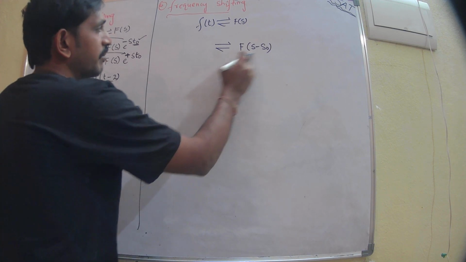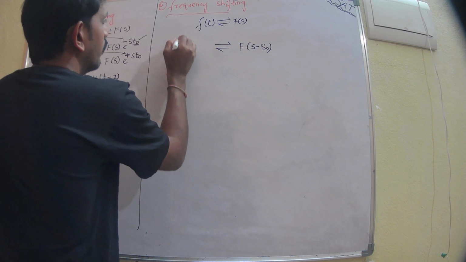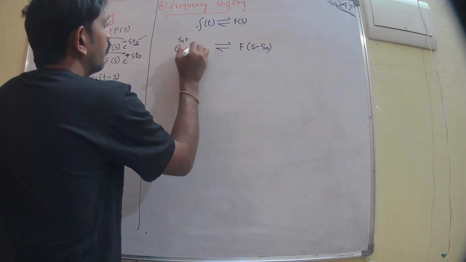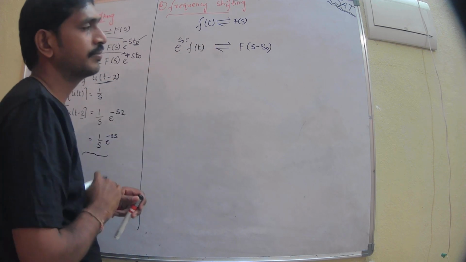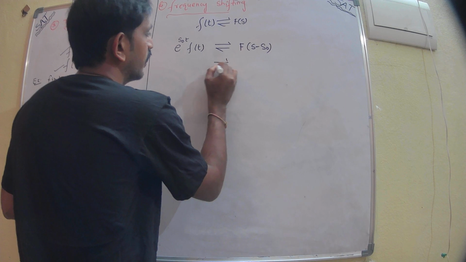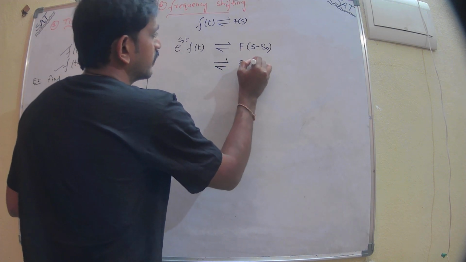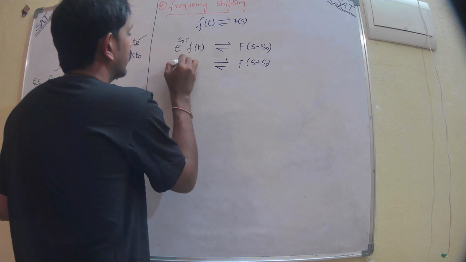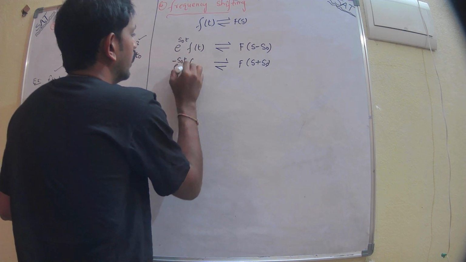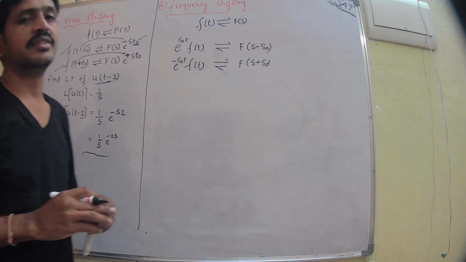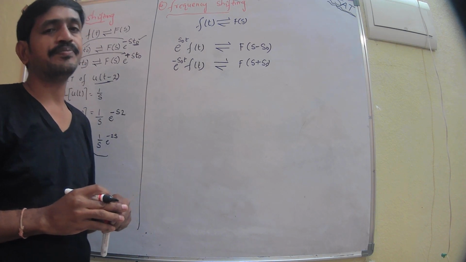F of s minus s naught corresponds to e power s naught t f of t, and this is the right shifting. Left shifting is F of s plus s naught, corresponding to e power minus s naught t f of t. This is frequency shifting.